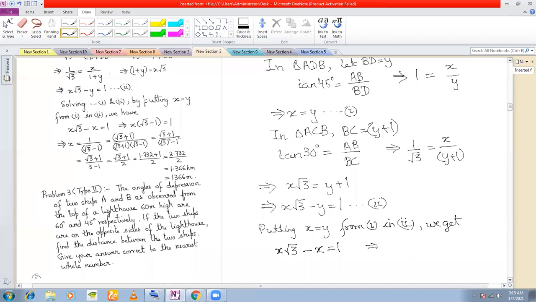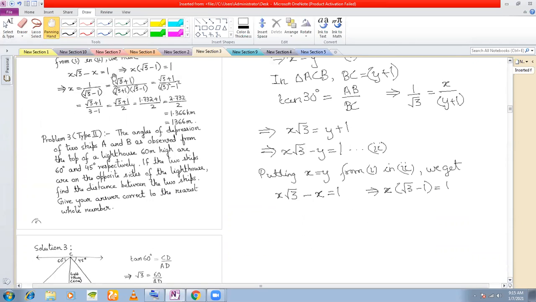Now you can take x common. Get x into root 3 minus 1 is equal to 1, so x is 1 by root 3 minus 1. Now we shall rationalize the denominator in order to make it easier to find out the value of x.